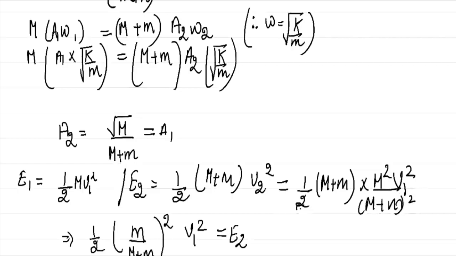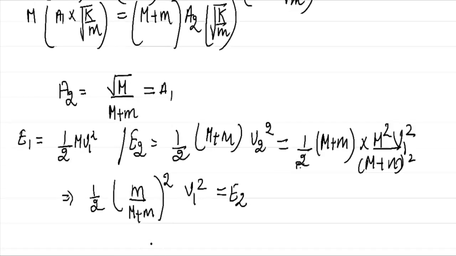So this will be cancelled out and you will get the value of E2, that is half M upon (M plus m) times M v1 square. Now you can see this term and this term. It will be clearly seen that E2 is less than E1.